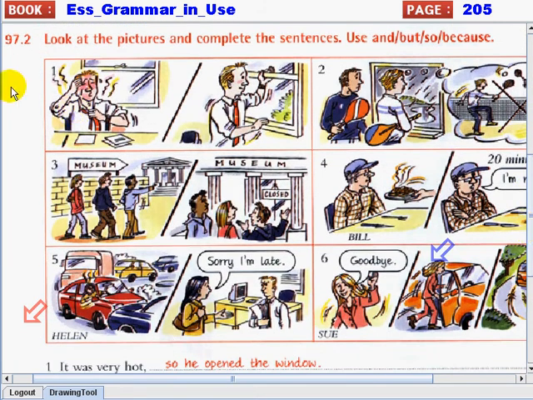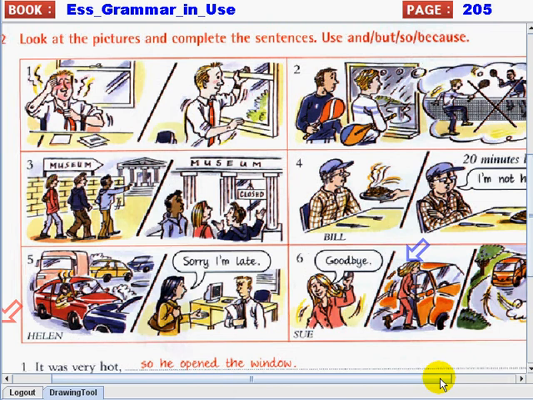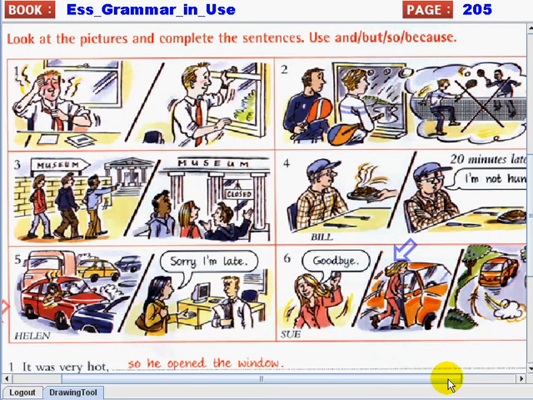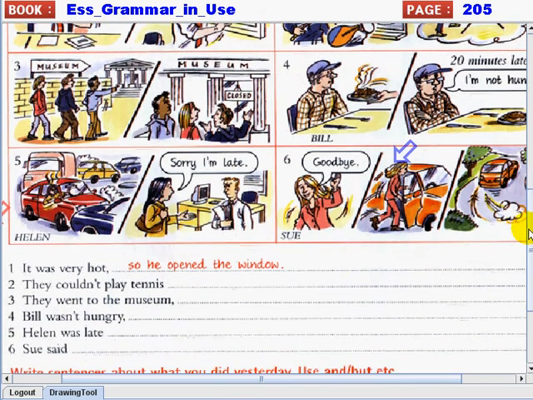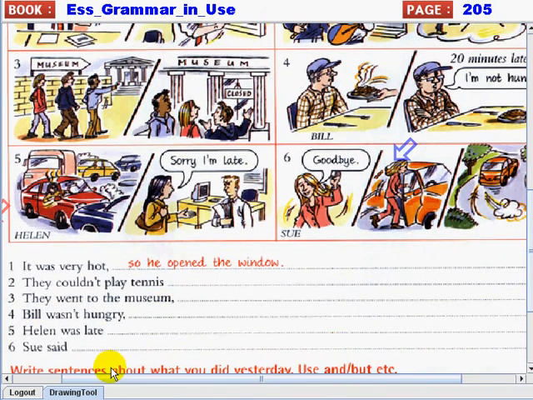Now, let's focus on the following exercise. Look at the pictures and complete the sentences. Look at the pictures carefully from 1 to 6. Now, use and, but, so, and the conjunction because when you start completing the following sentences, like in number 1.